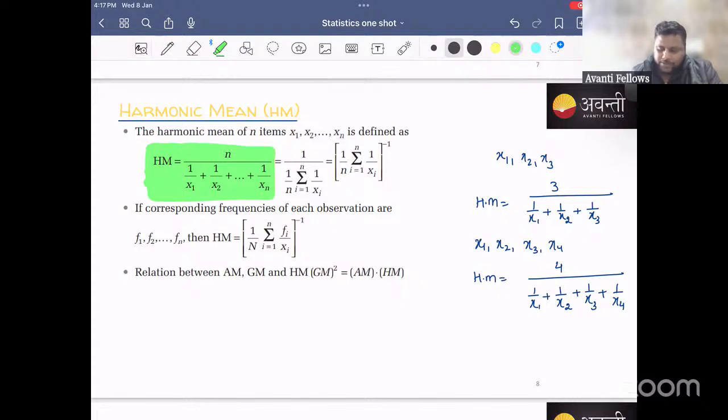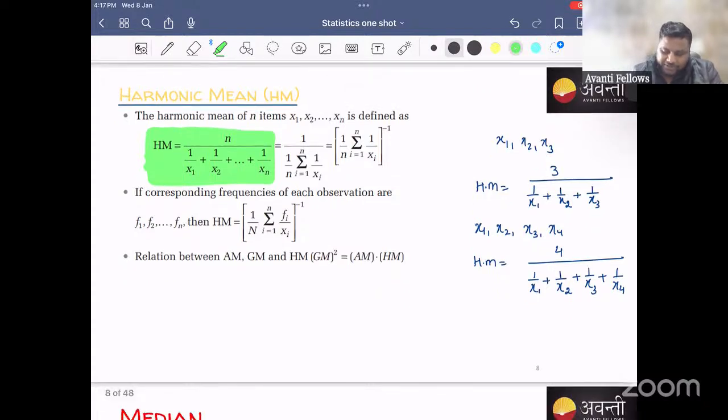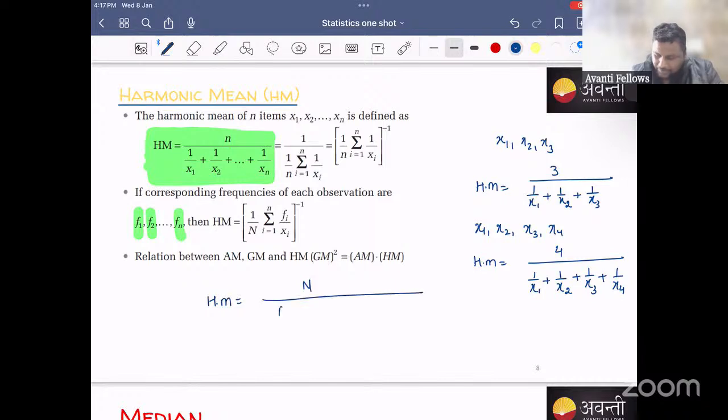Understood? Similarly, if the frequency of observation x1 is f1, of x2 is f2 and of xn is fn, then harmonic mean will be n upon f1 by x1 plus f2 by x2 plus f3 upon x3 and so on up to fn upon xn.